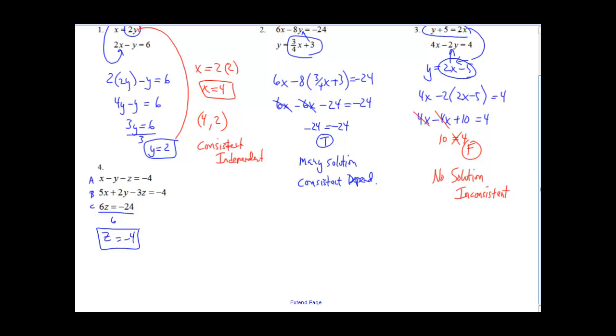Now by substitution, we can take negative 4 and plug it in here, and plug in negative 4 here. So I need to rewrite the A equation. We'll get x minus y minus a negative 4 equals negative 4.